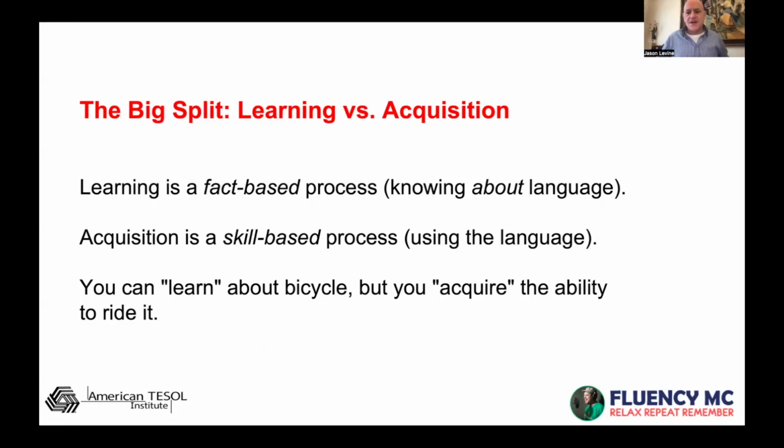So, a good analogy, I think, is computer science before everybody needed a computer every day for their job. If it's computer science, you're learning about how computers work, right? It's a fact-based thing, but knowing how to use a keyboard and a mouse and a word processing program to write something, that's a skill.